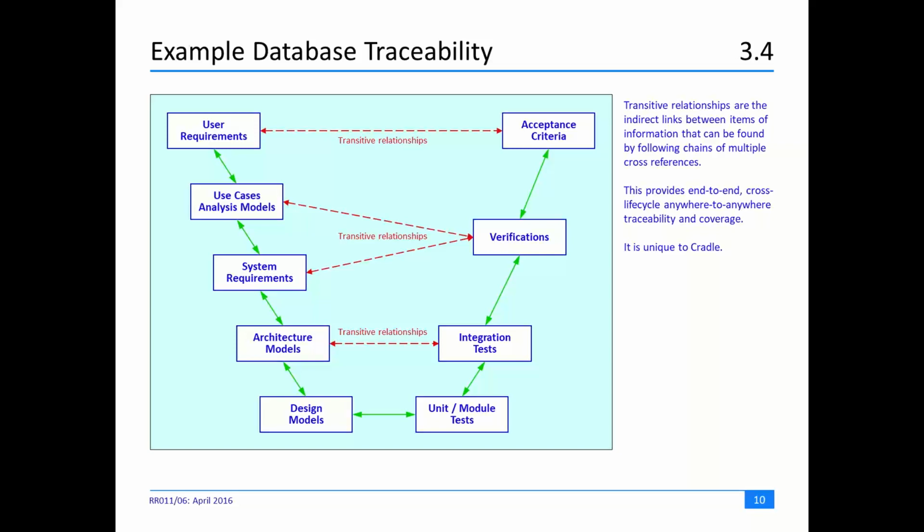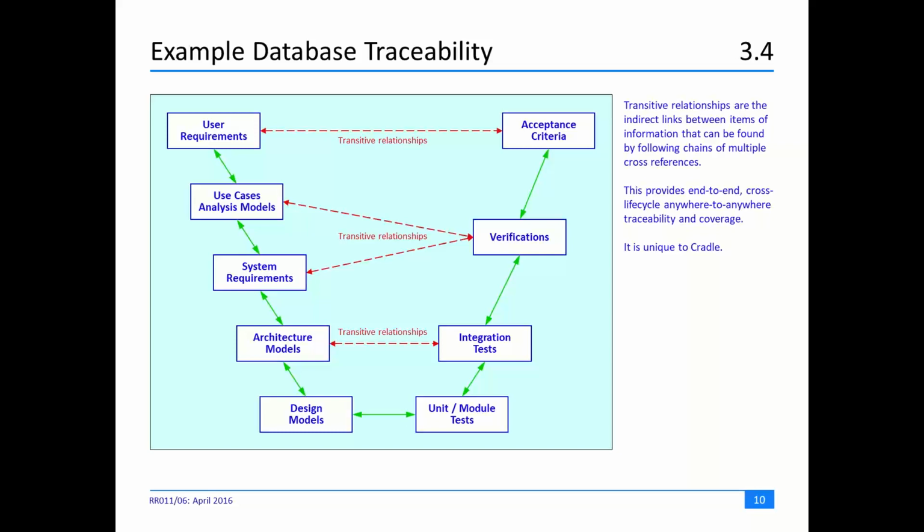Having done all of that, then the user requirements, upper left corner, are of course indirectly linked to the acceptance criteria, upper right corner. We have not created links between user requirements and acceptance criteria in this example, but those sets of information are obviously indirectly linked to each other by virtue of the chains of, in this case, 8 links, 8 green arrows.